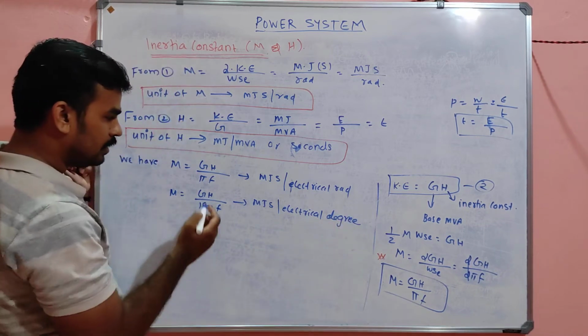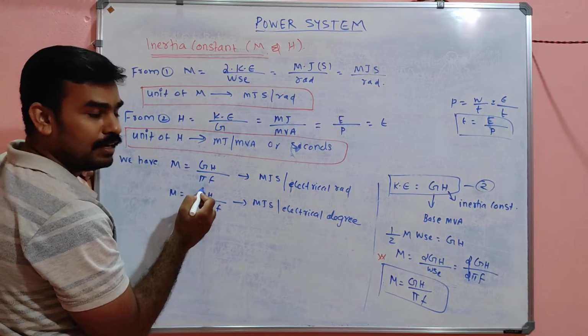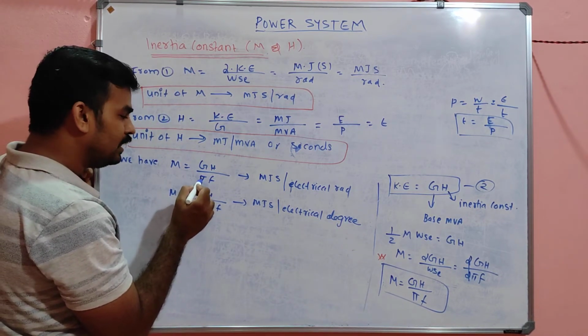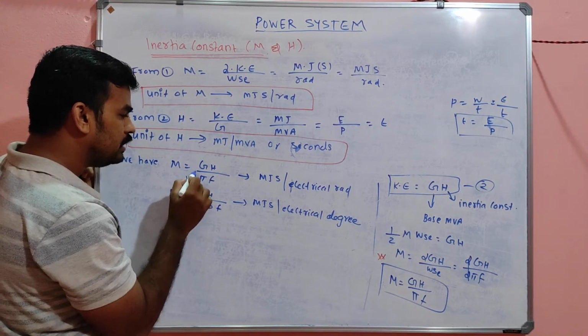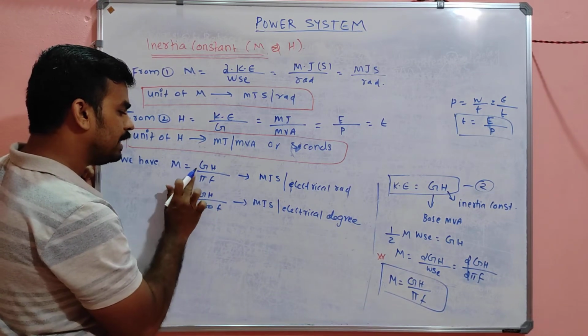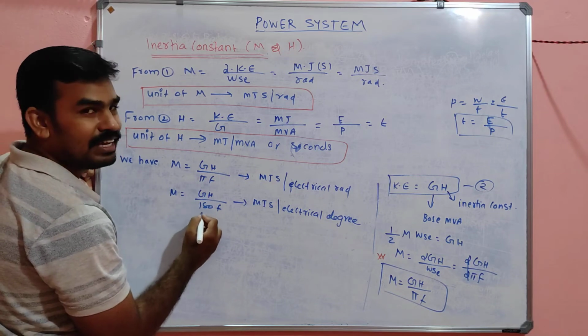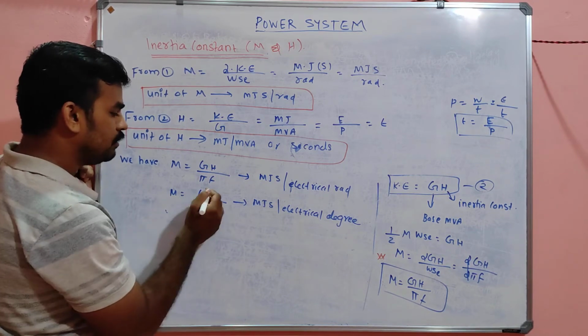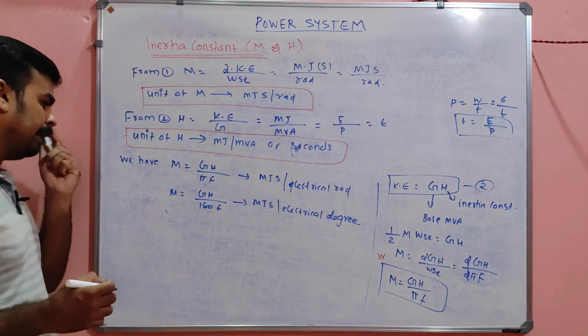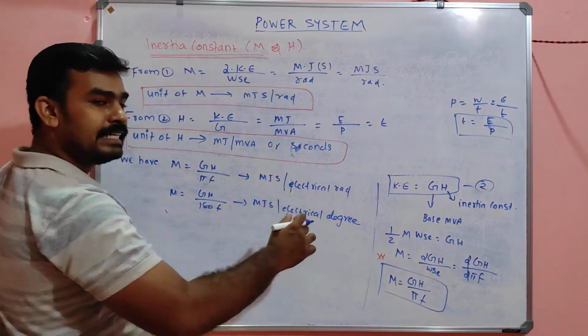Is it clear, my dear? Because pi is in radian, if you want to convert it into degree, you multiply it with 180 by pi. So this pi and that pi cancel, and only 180 remains in the denominator. So M is equal to GH by 180 f for megajoule second per electrical degree.